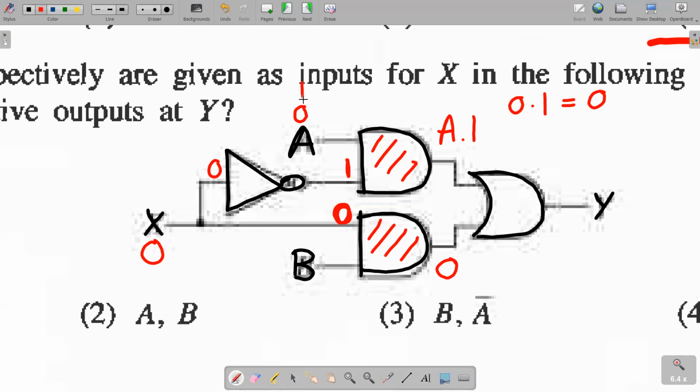And if A is 1, it's A dot 1, that means 1. That means whenever the value of A is 0, the output is identical to the value of A. When the value of A is 1, again the output is equal to A. So A dot 1 can be written as A.